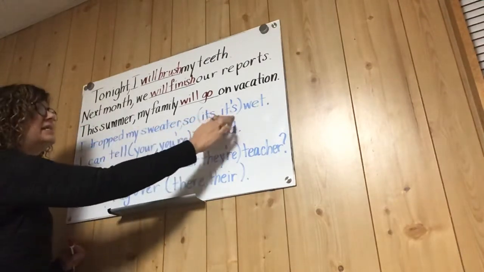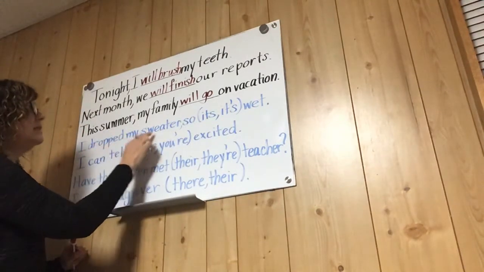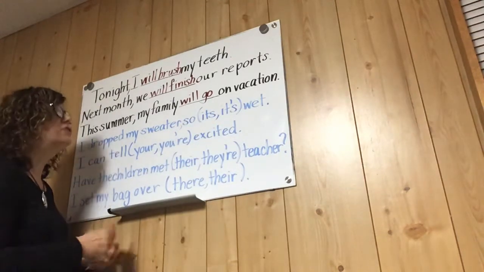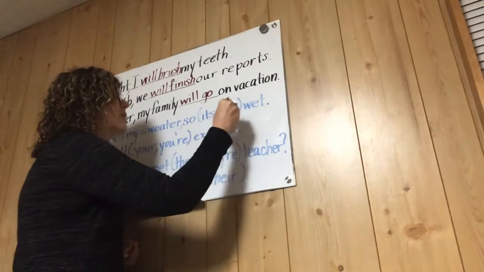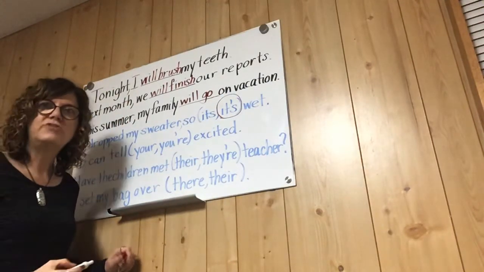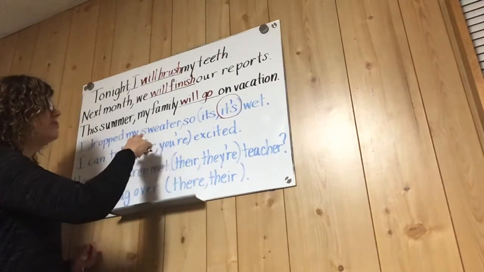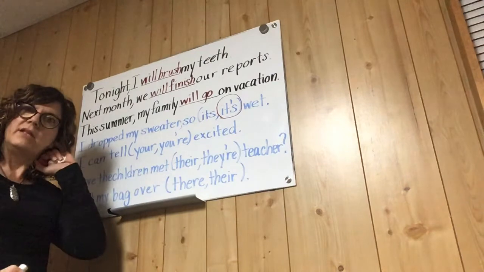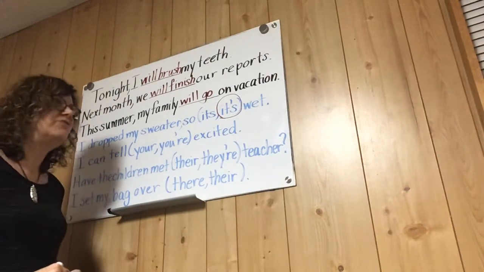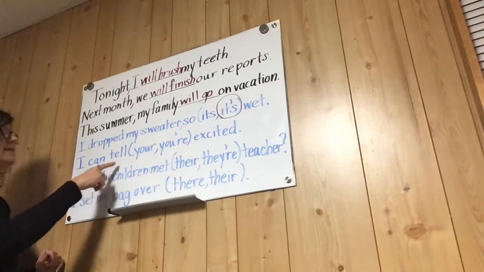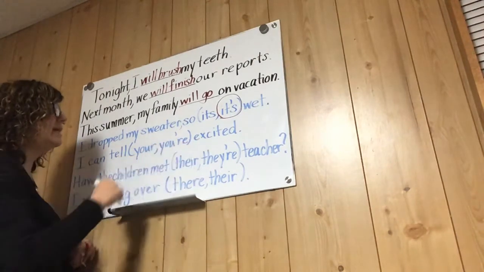So, can we say it is? I dropped my sweater, so it is wet? Yes. So, you want the contraction IT'S. It is. I dropped my sweater, so it is wet. So you would circle it's.